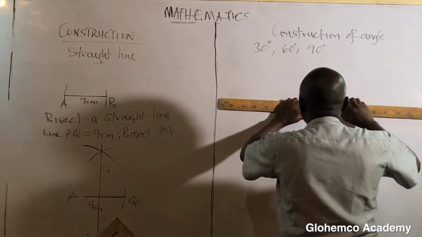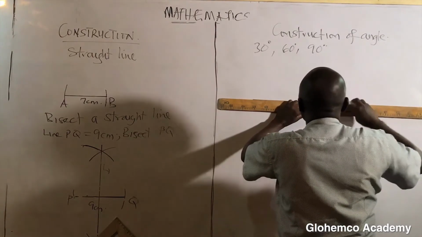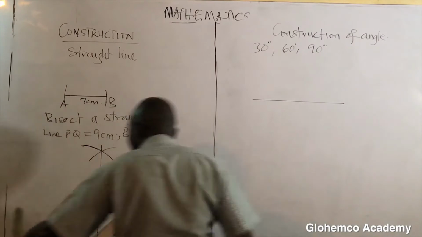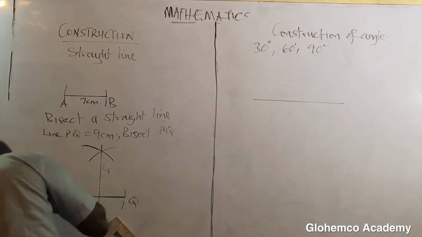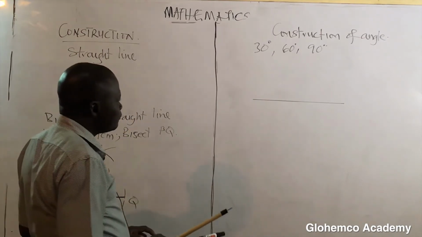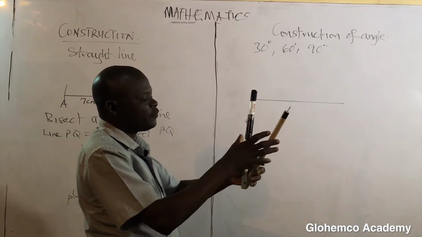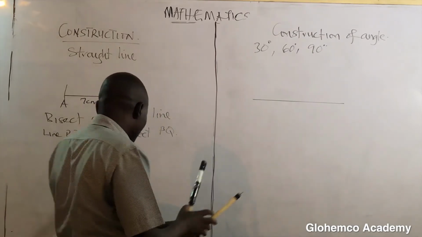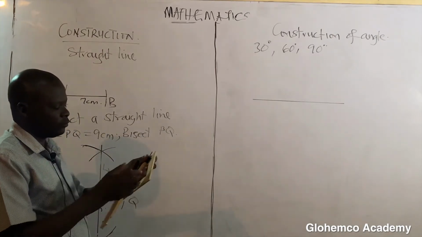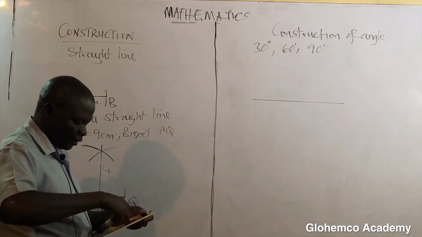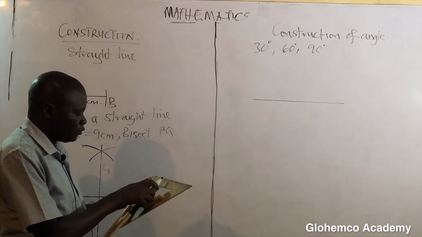We have it this way. Draw a straight line. After drawing a straight line, we have to take a distance by ourselves. Maybe we open this one to 5 cm or 4 cm. With our tip end here as 0, and this one as 4 cm.